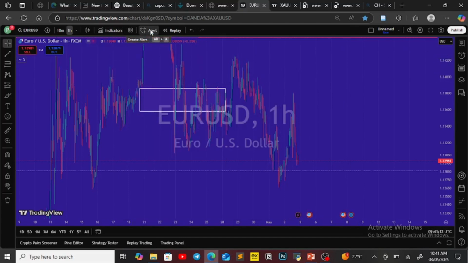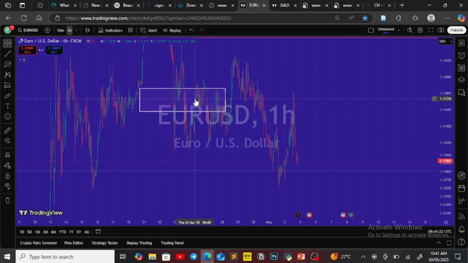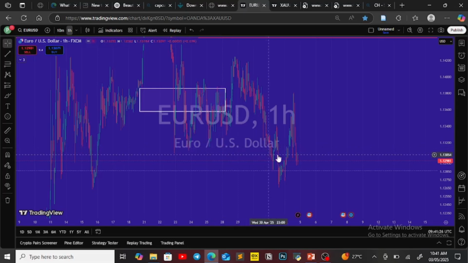This is also the alert. You can actually create an alert on anything. For instance, I can set an alert here that if the market crosses this particular level, it should send me an alert.